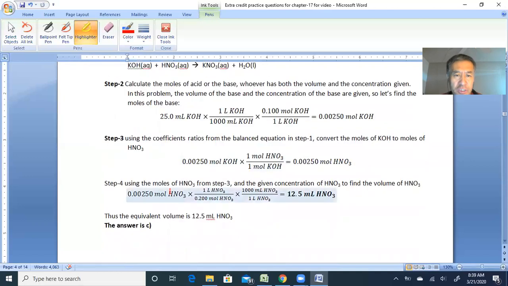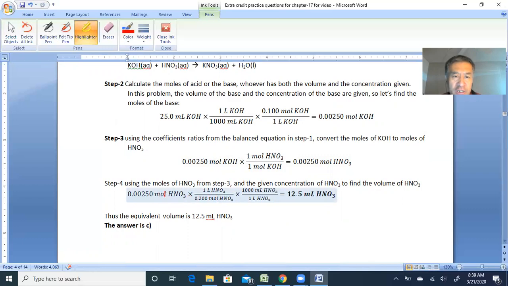So next, using the moles of HNO3 from step 3 and the given concentration of HNO3 to find volume of HNO3. So we start with this much mole of HNO3, and this fraction is coming from the concentration.